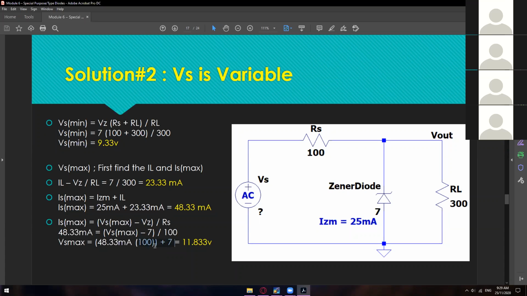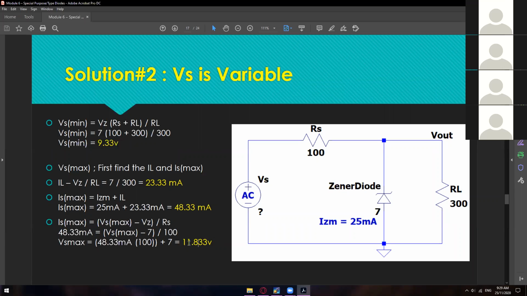Just simplify the equation first. Then do the math: 48.33 milliamps times 100, and whatever is the result, just add 7. You will get 11.833 volts. So the minimum voltage is 9.33, and the maximum voltage is 11.833.